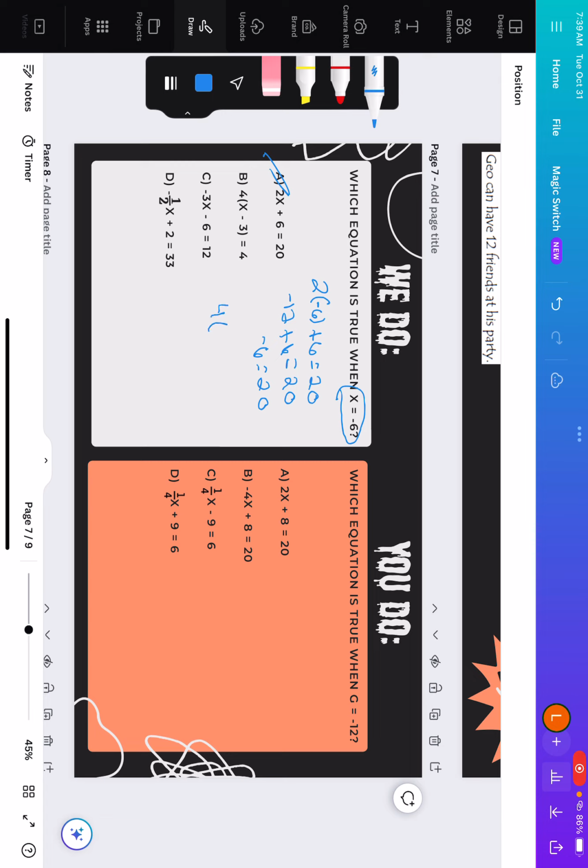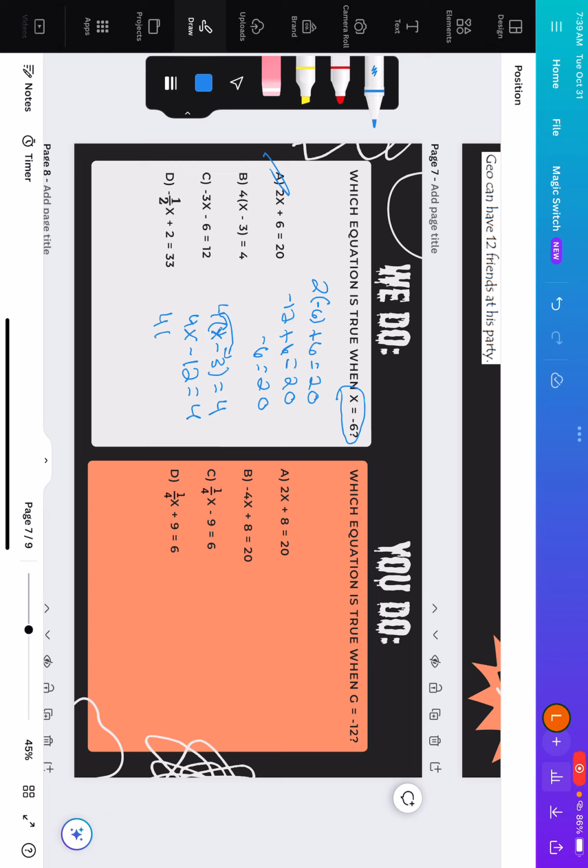So then 4 times x minus 3 equals 4. Okay. Before you can plug in your -6, you have to distribute out. So 4 times x is 4x, 4x minus 4 times 3 is 12 equals 4.